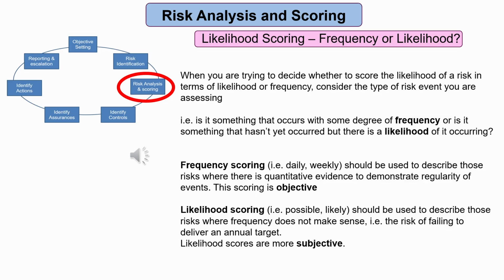Frequency scoring, in other words daily or weekly, should be used to describe those risks where there is quantitative evidence to demonstrate regularity of events. This scoring is objective. Likelihood scoring, in other words possible, likely, should be used to describe those risks where frequency doesn't make sense. For example, the risk of failing to deliver an annual target. Likelihood scores are more subjective.